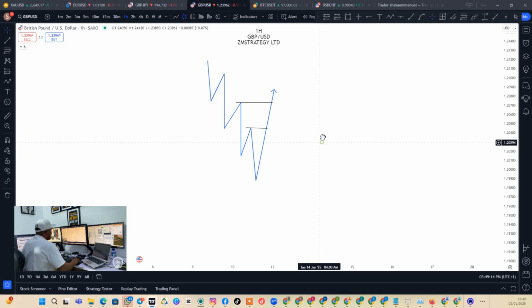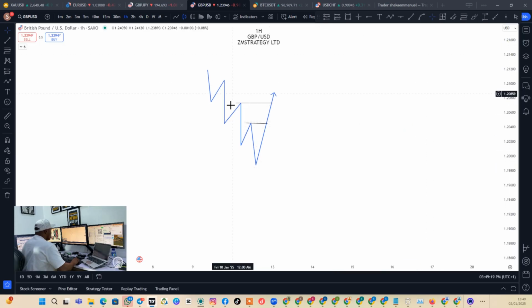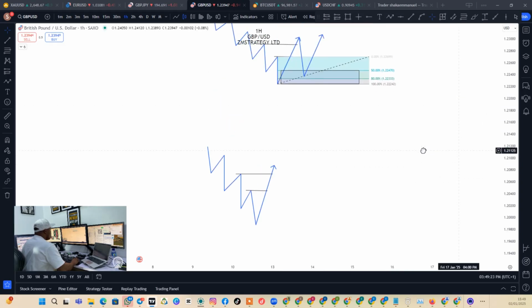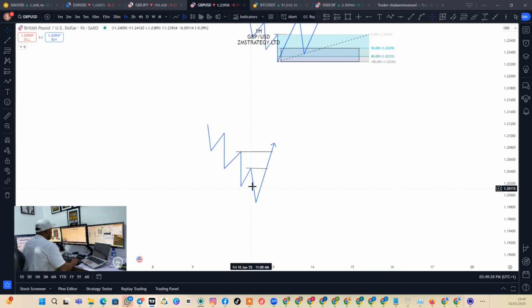Now this is how you can know if this movement has a structural liquidity or an inducement liquidity. Before we have this first break, we need to see the market do something like this, before this break of structure.